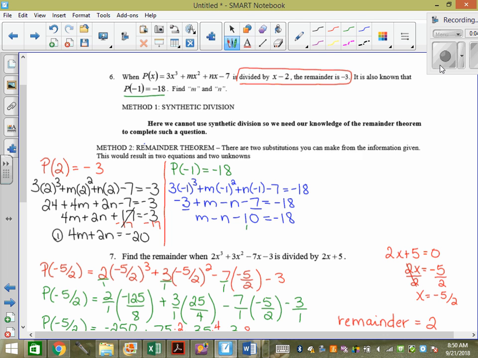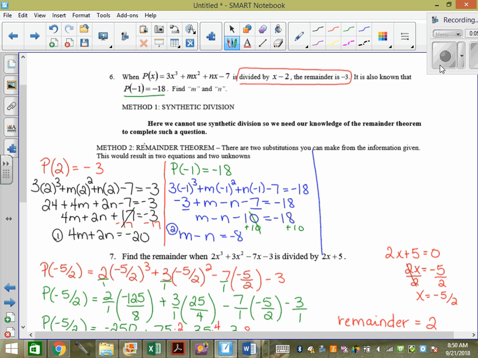Add 10 to both sides. And I get m minus n equals negative 8, equation 2. Now we bring back grade 10: elimination or substitution.